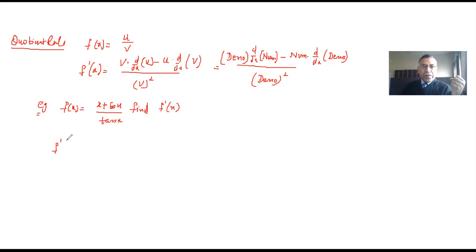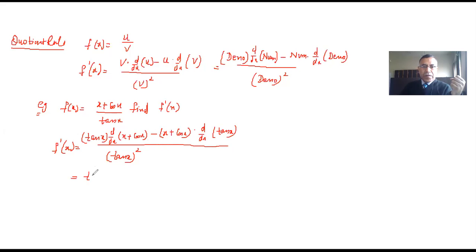So now f dash x is equal to, over tan x square, means square of the denominator, denominator as it is, tan x, derivative of numerator, derivative of x is 1, derivative of cos x is minus sin x, minus numerator as it is, x plus cos x, derivative of denominator, derivative of tan x is secant square x.